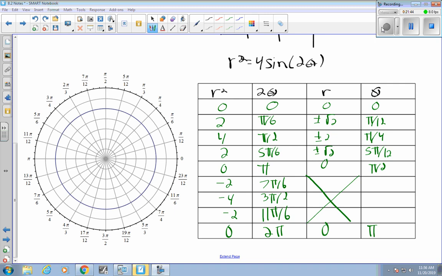So we start at the pole. Pi over 2 is plus or minus root 2, so 1.4. Oh, man. Just a rough Wednesday today. Pi over 12, man.